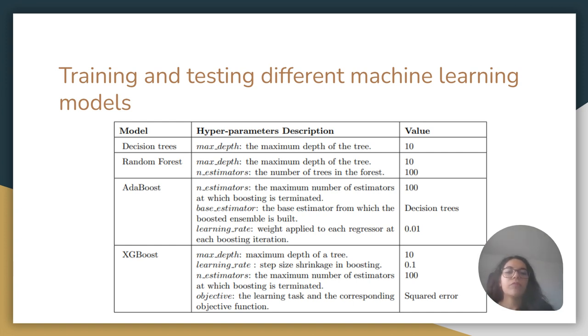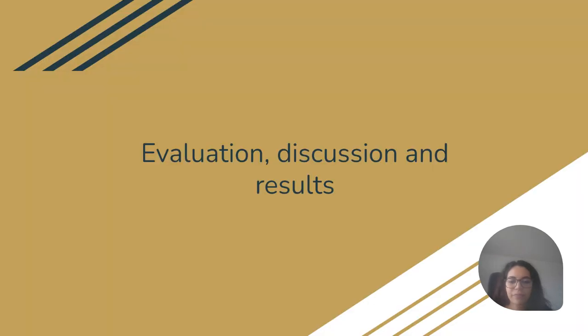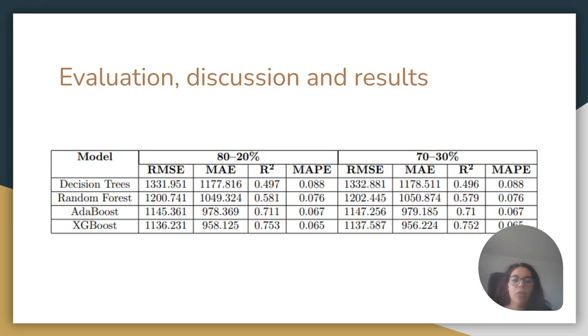Then we trained our data set on 4 different models: decision trees, random forest, AdaBoost, and XGBoost. Next, we're going to present the results we obtained for each one of these models. We divided the data into 80% for training and 20% for testing, and then 70% for training and 30% for testing.